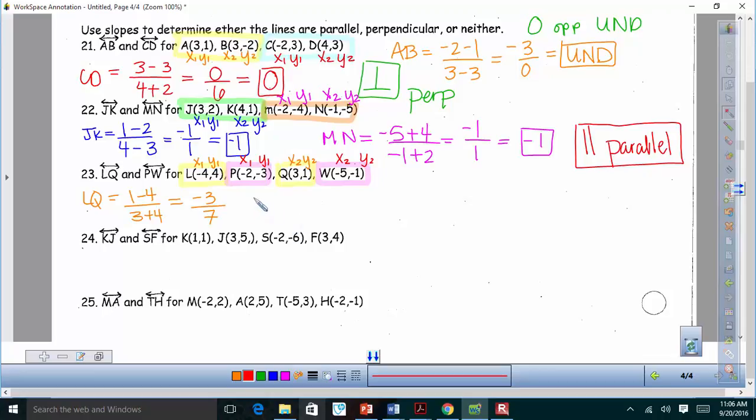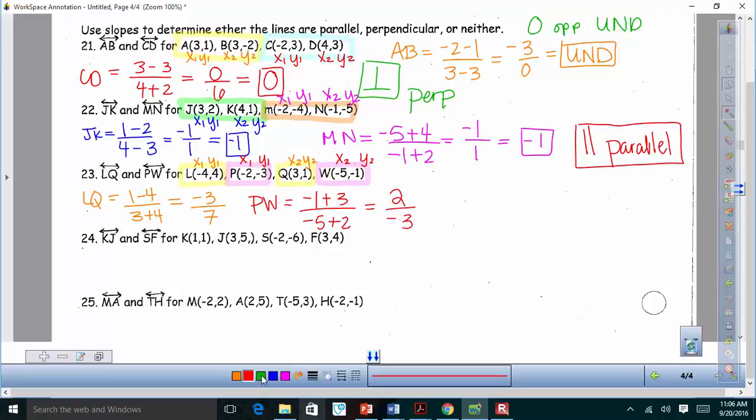Okay? So I'm going to label this PW equals, and we're going to do negative 1 minus a negative 3, which is negative 1 plus 3, over negative 5 minus a negative 2, so negative 5 plus 2. Are y'all checking me, making sure I'm doing this right? I hope so. All right, so negative 1 plus 3 gives us a positive 2, and negative 5 plus 2 gives us negative 3.